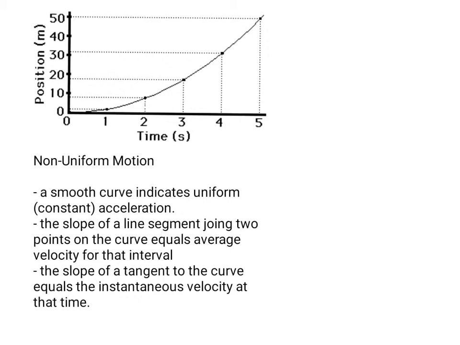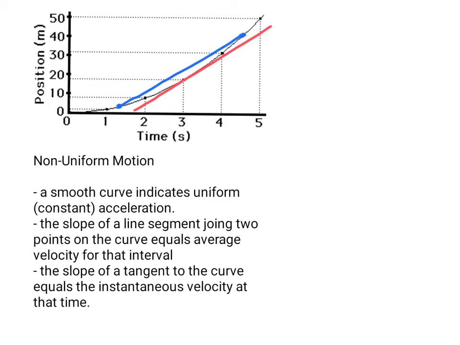If we find the slope of a line segment joining 2 points on the curve, if I choose these 2 points and draw the line segment, and find the slope of that line segment, then that slope gives us the average velocity for that time interval. The slope of a tangent, which I'll do in red here, gives us the instantaneous velocity at that time.